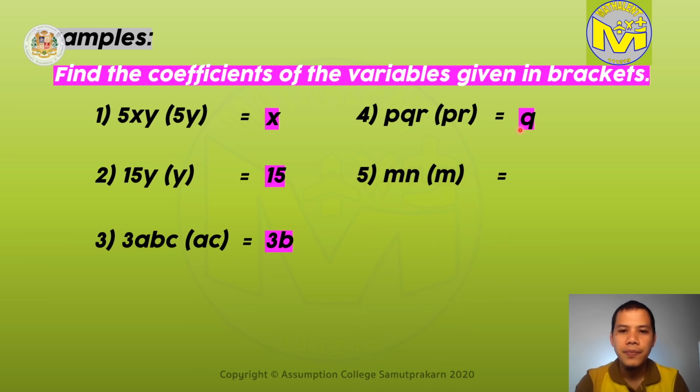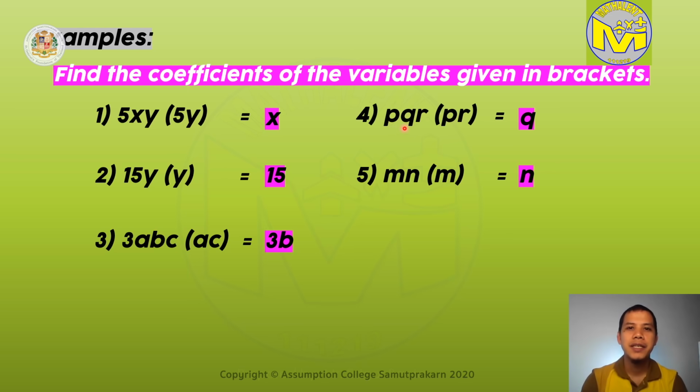Number 5, in mn, the coefficient of m is, obviously, n. Or if I put mn in the bracket, what is the coefficient? What do you think? It is 1. Also here, if I put pqr in the bracket, what is the coefficient of pqr?